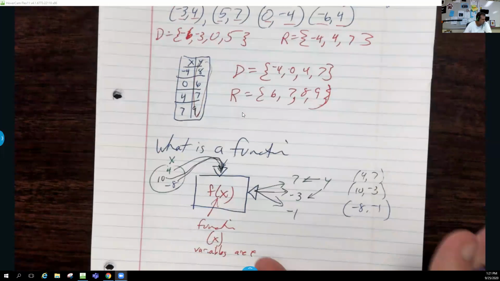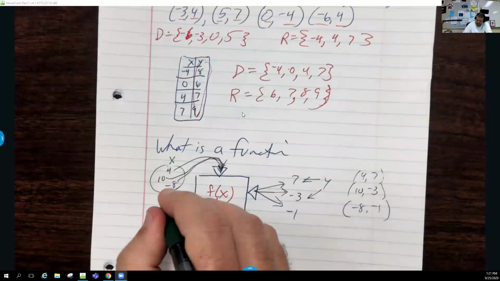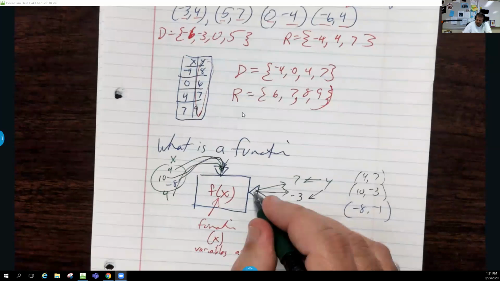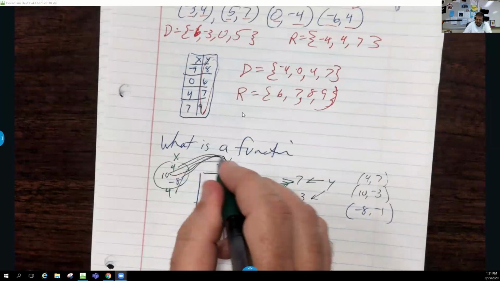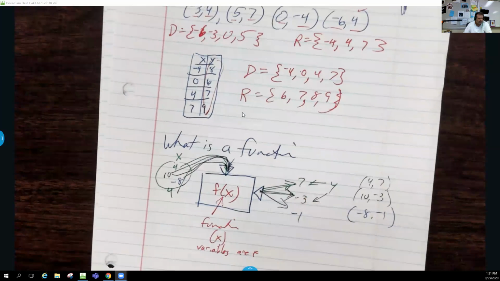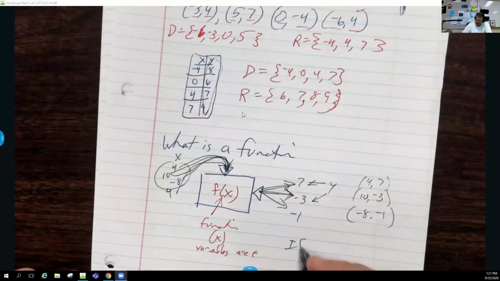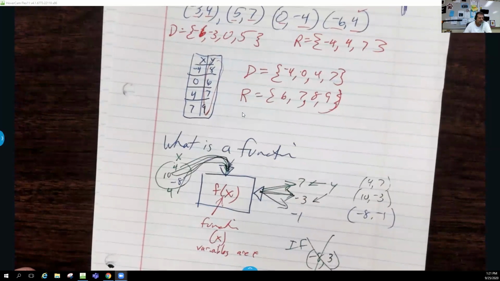As long as this is a function machine, or a true function, the way it works is if I put a 4 in the machine again, it's going to spit out a 7. If I put a 10 in, it'll always spit out the -3. Okay? If we put a -8 in and it spits out a 3, then it's no longer a function because it cannot spit out a different number.